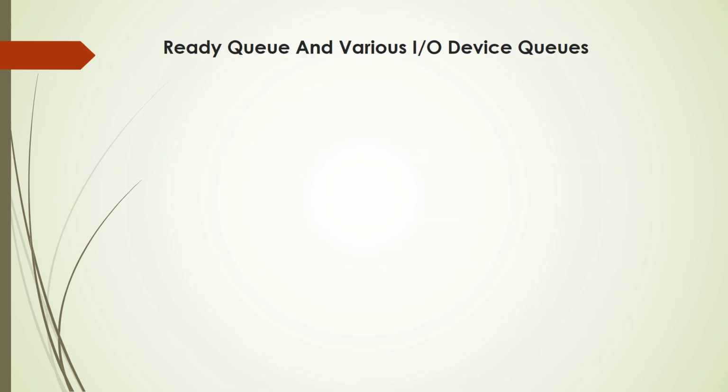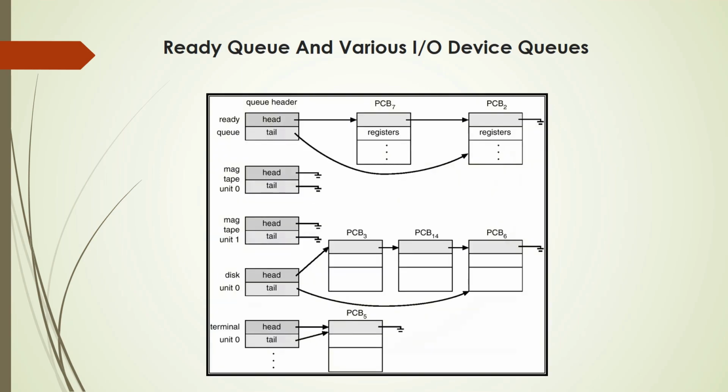Let us look at an example of the ready queue and various input output device queues. In the first one, we see the ready queue and there are two processes in the queue, process 7 and then process 2. They are represented using their PCB, process control block.